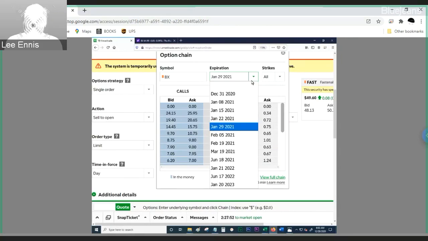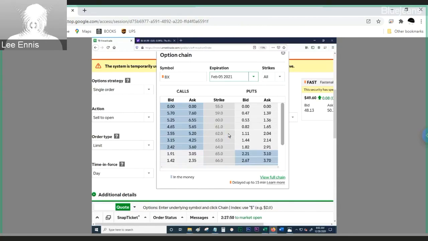If I were to sell an option right now for February 5th, I can't come in here and do another option until March 2nd. So it makes a little bit of a difference, just because of timing and how that works. But you see here, February 5th at $63.